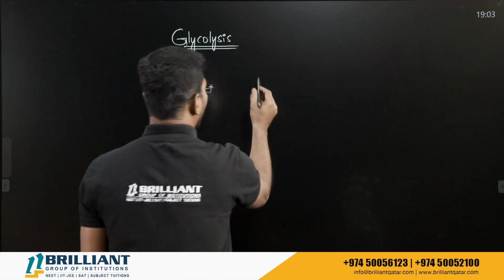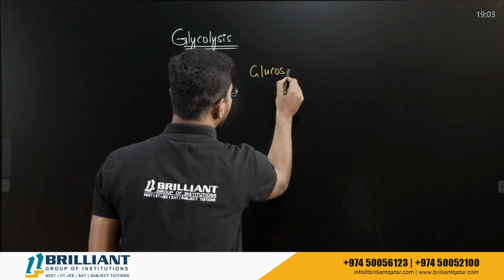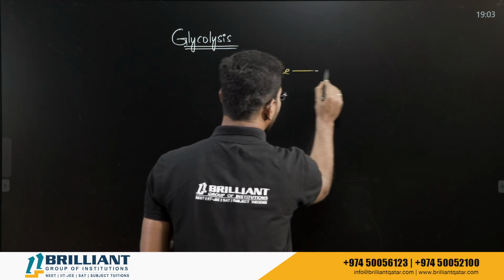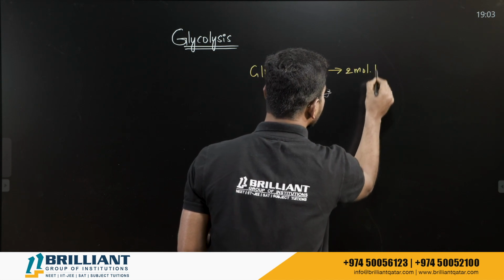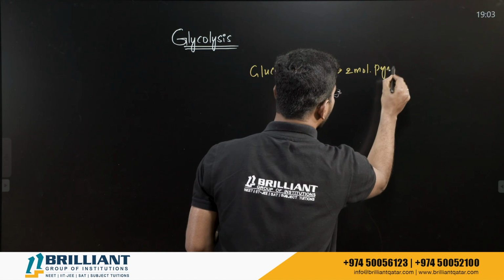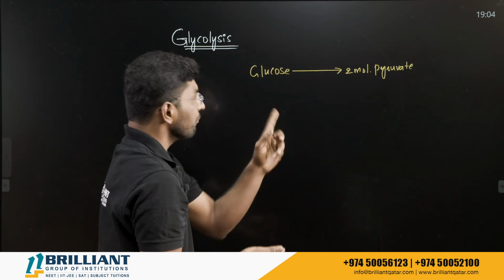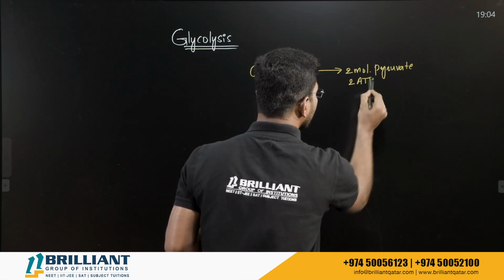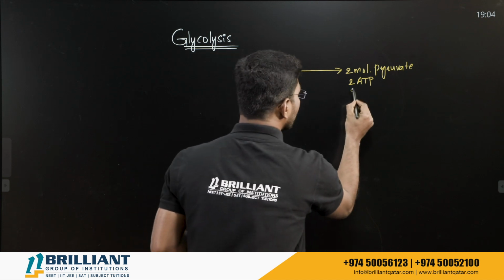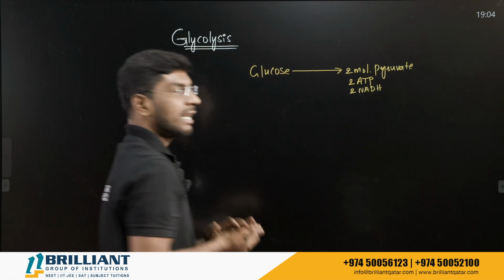One glucose molecule converts into two molecules of pyruvate, and along with the two molecules of pyruvate we will also get the net 2 ATP molecules and also 2 NADH.